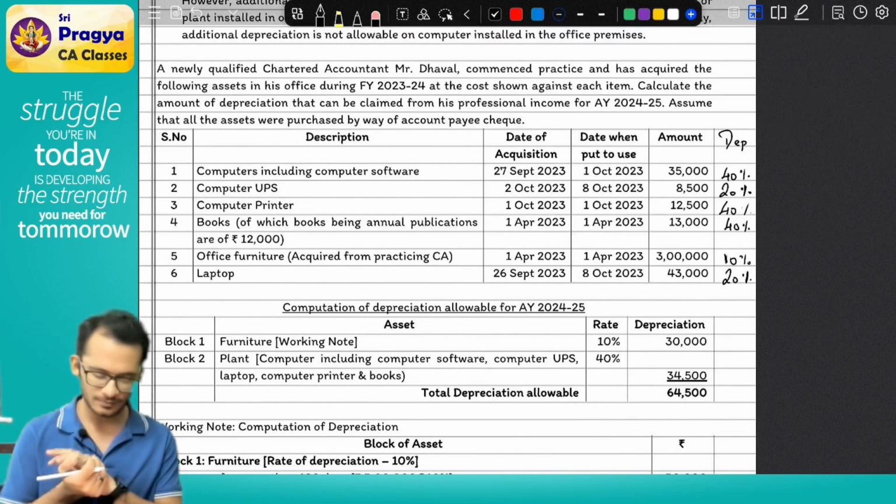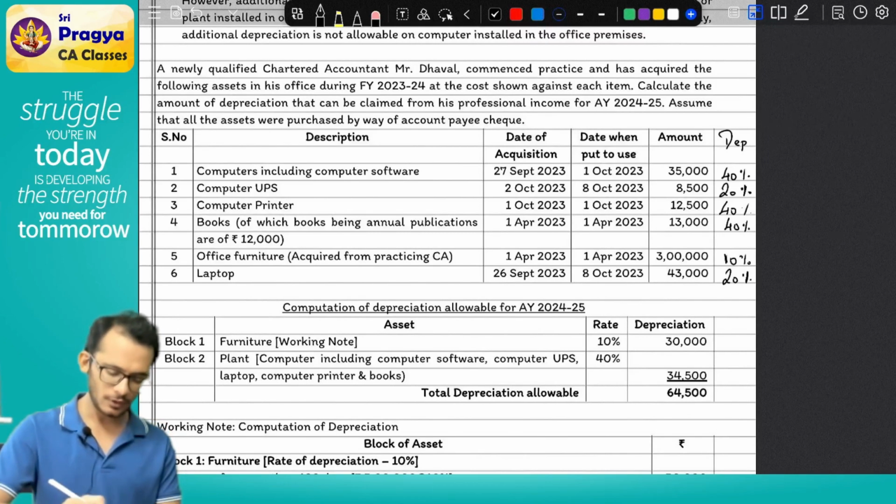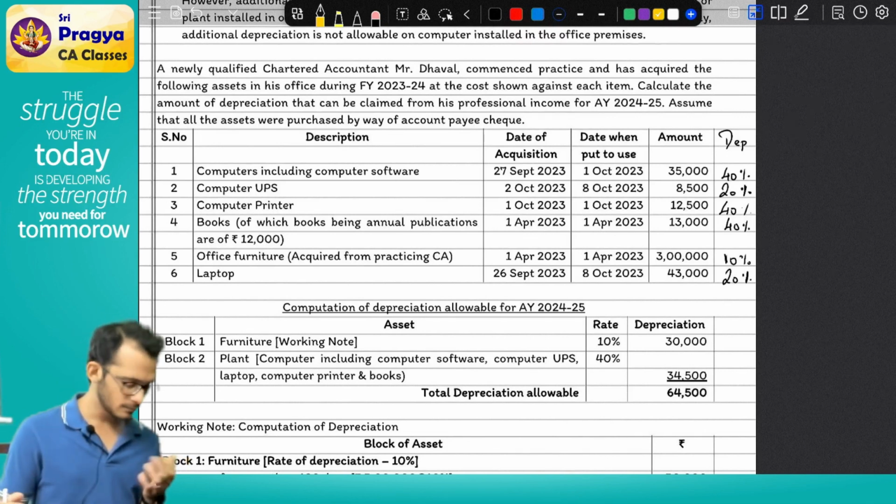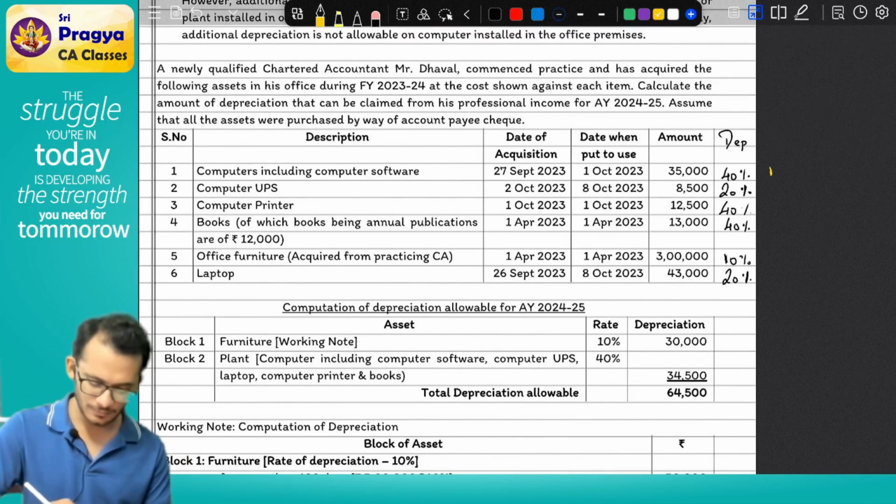Pull out the numbers. First one is 14,000.